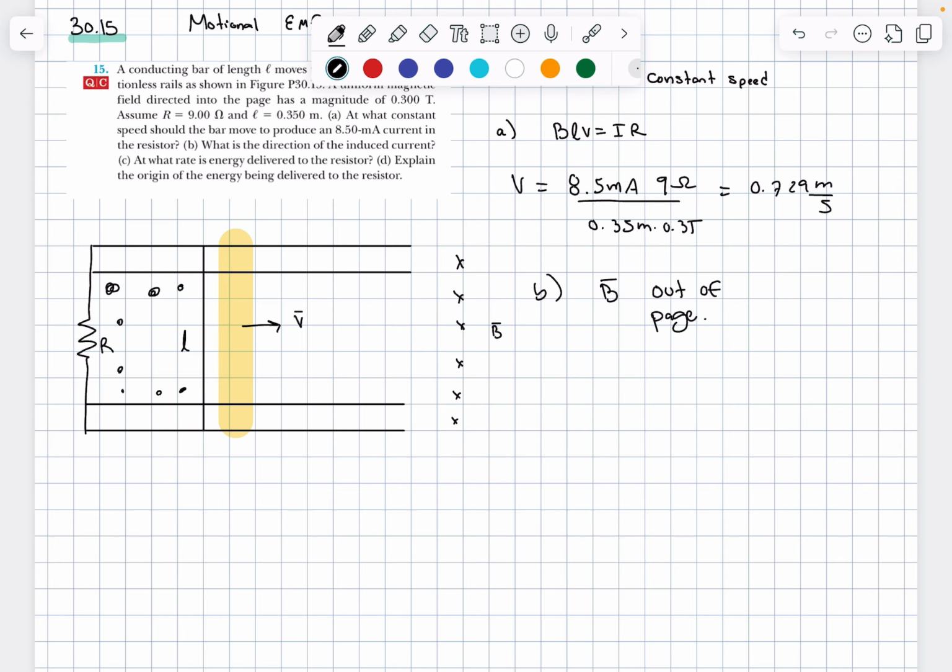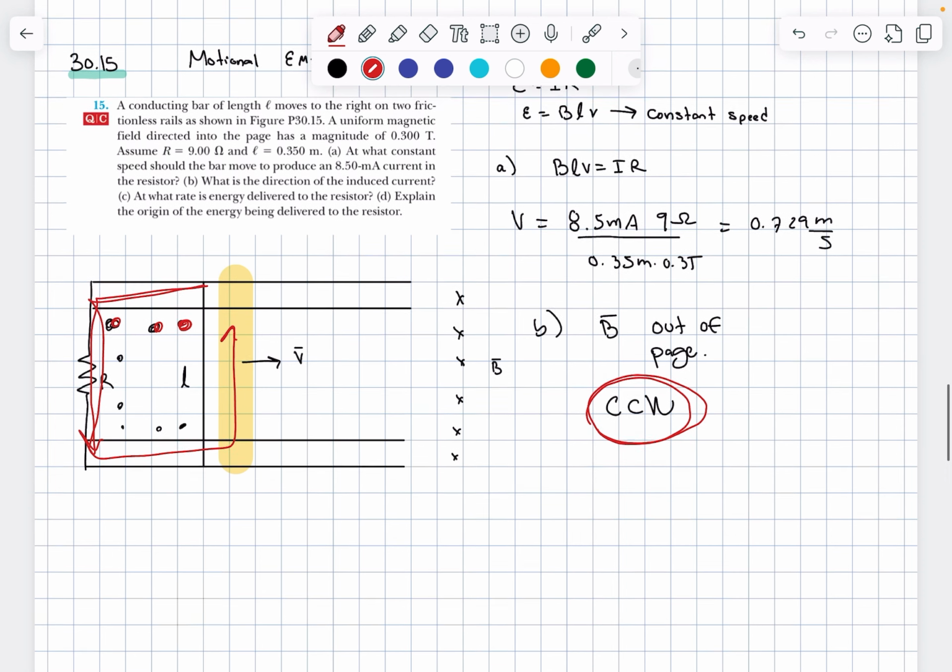So if we use our right-hand rule, we see that this is going to happen whenever we have current going counterclockwise. So whenever we have current going like this, we use our right-hand rule, and then we see that we have magnetic field lines coming up out of the page like so, right? So the current is going in the counterclockwise direction.